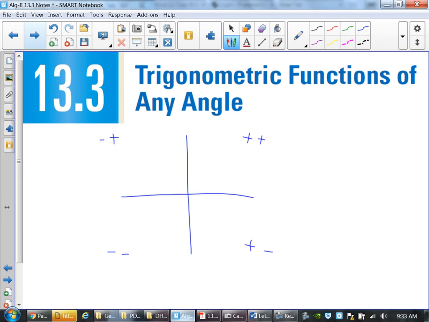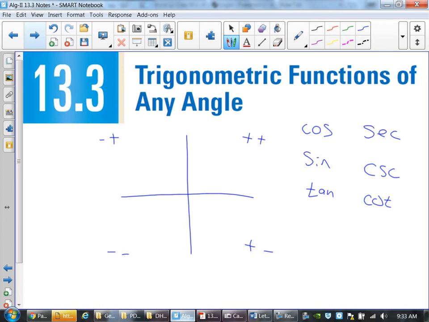We also know our 6 trig functions: cosine, sine, tangent, and the inverse functions. What's the inverse of cosine? Secant. Remember? Secant, cosecant, and cotangent. Okay. Those are the trig functions.